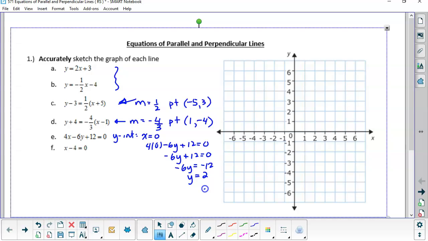Okay, in terms of the slope, in this case, you could solve for y, all right? Or you don't always have to find the slope to graph it. I found the y-intercept here. I could find the x-intercept as well. So the x-intercept is when y is 0. If I put 0 in for y there, then I'm solving that equation.